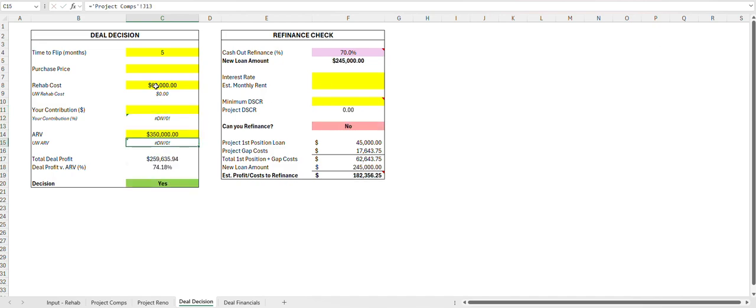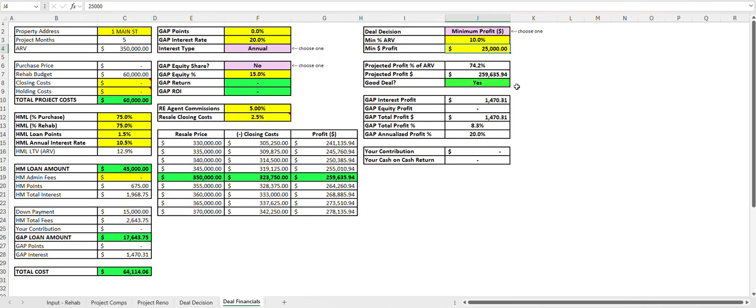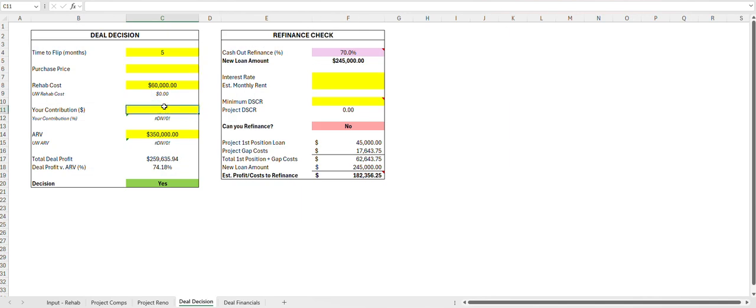Okay. Now, what can we offer on the home, understanding that we have a minimum profit threshold of $25,000? So for purchase price, we would just start entering numbers in. We cannot, as you see here, nope, we cannot offer 250. We cannot offer 225. Okay, we can offer 210.